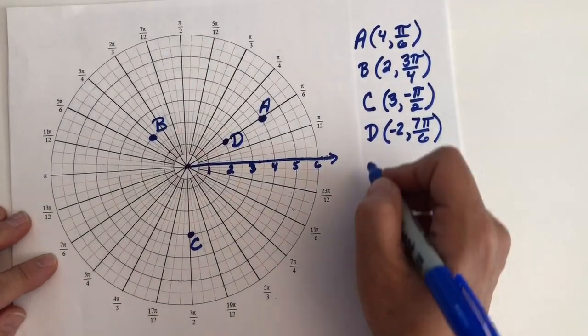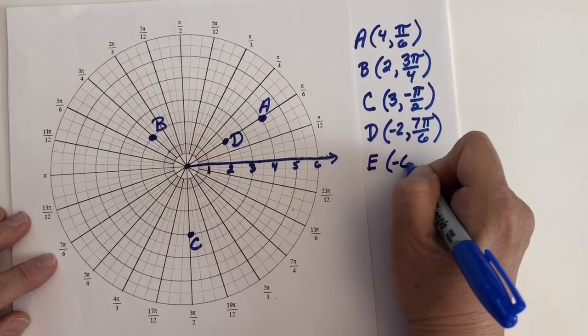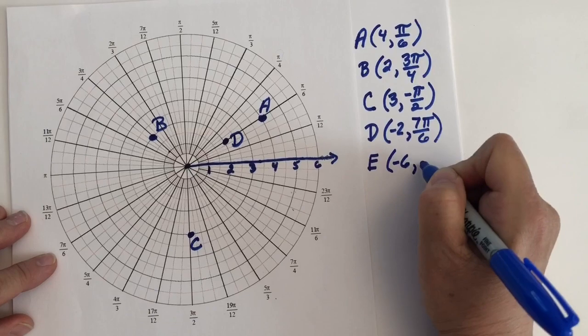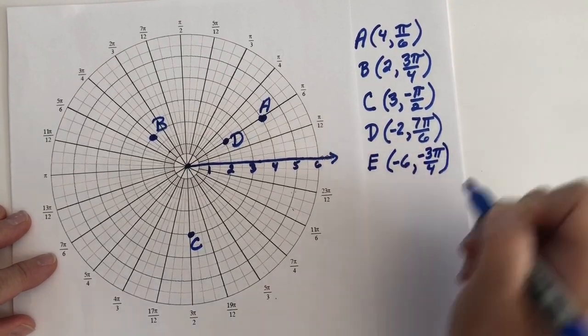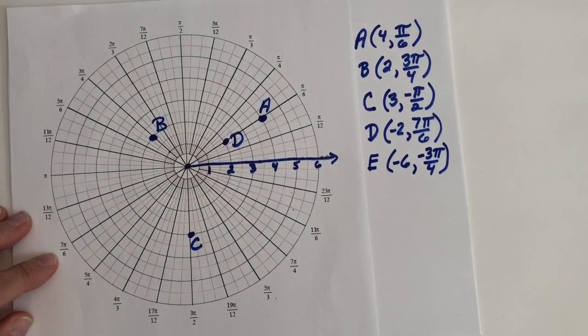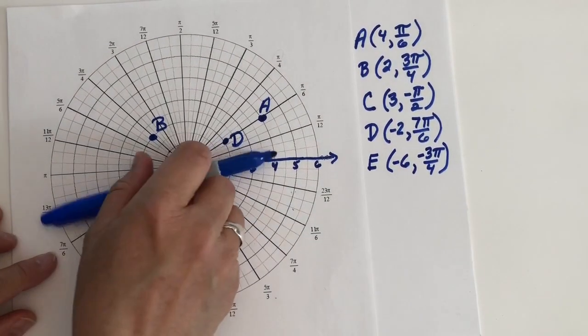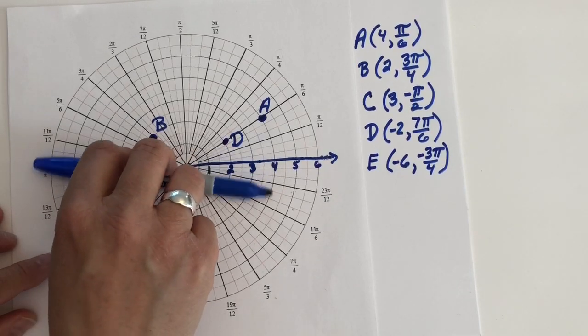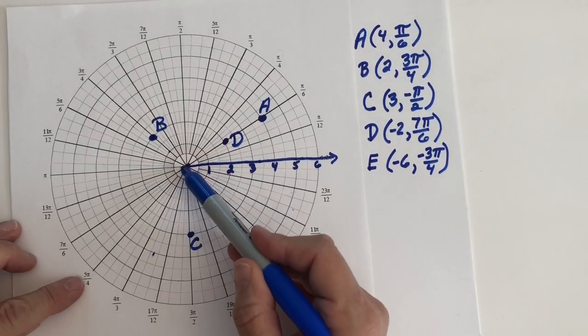Let's do one more like that. Let's make the point E be (-6, -3 pi over 4). Might as well make r and theta be negative. So let's start with the angle. So we're here. -3 pi over 4, we're going in the negative direction. We'd be right here.